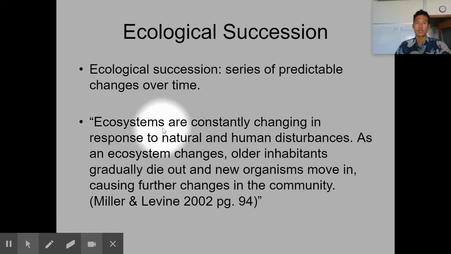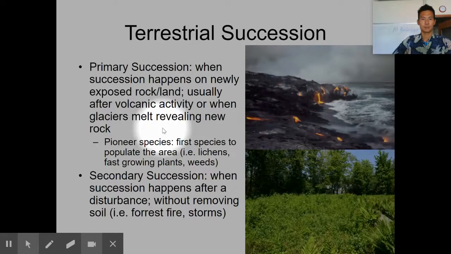Ecosystems are constantly changing in response to natural and human disturbances. As an ecosystem changes, older inhabitants gradually die out and new organisms move in, causing further changes in the community. Just like the example of the grass field I just gave you.